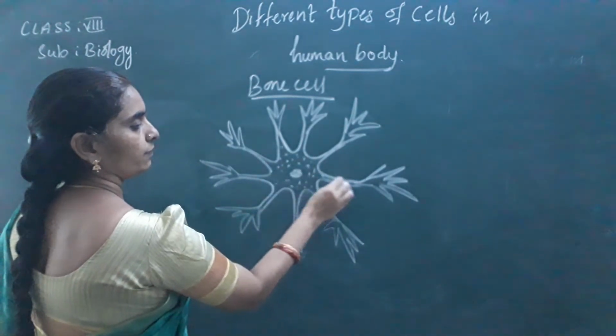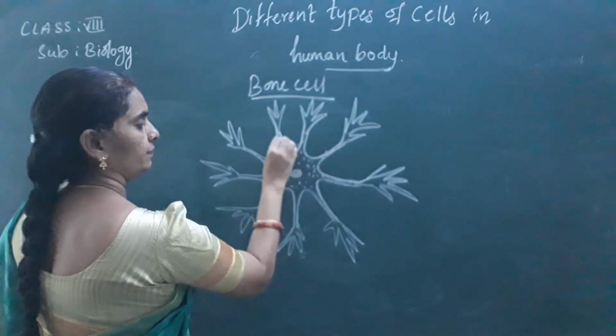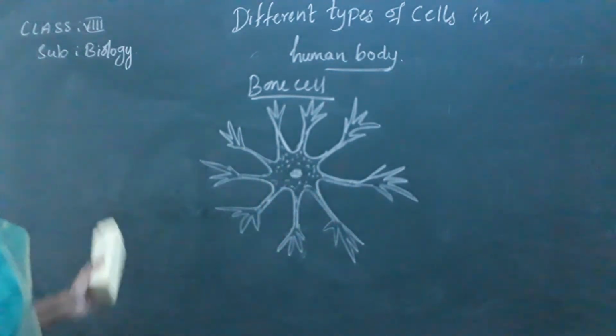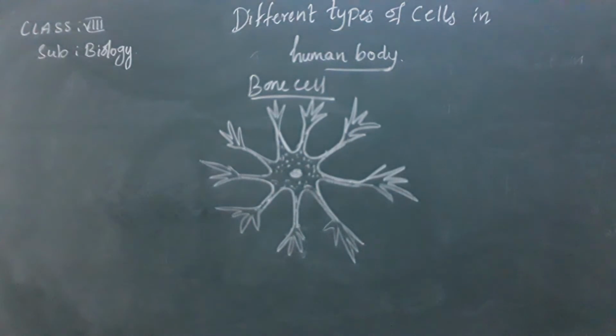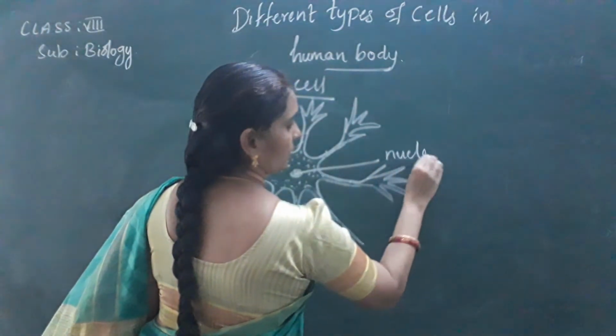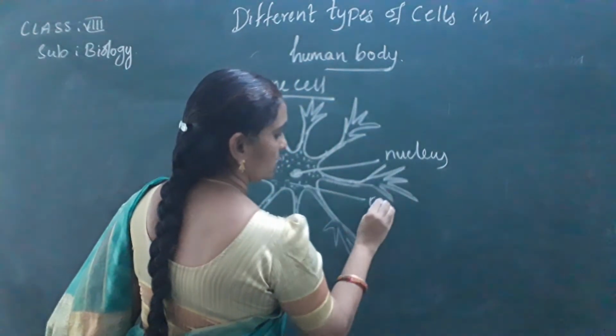This is a bone cell. Easily you can draw this bone cell. Is it clear? Now you know this is a nucleus and this is cytoplasm.